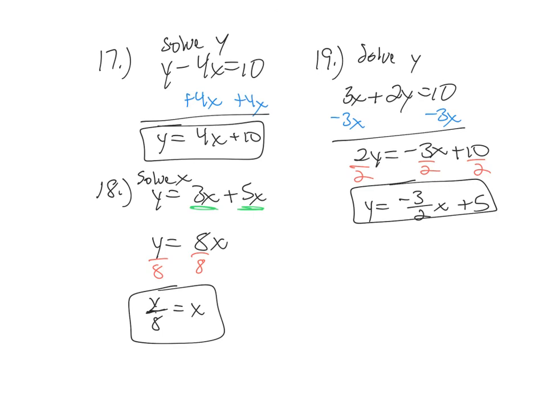All right, last one. This is another solve for y. 3x minus 4. Okay, solve for y, so I need to move everything that's not the y to the other side. So minus the 5.